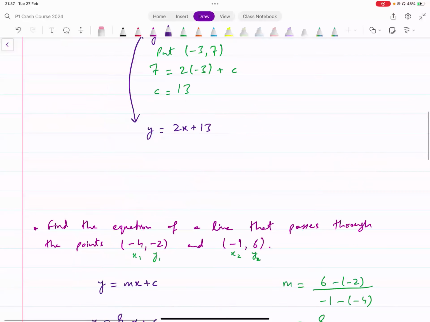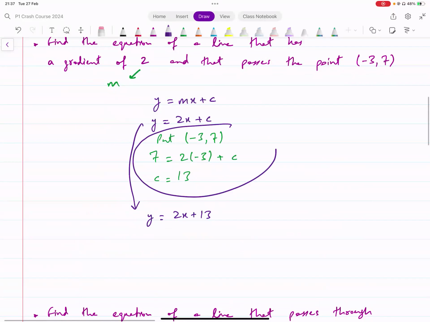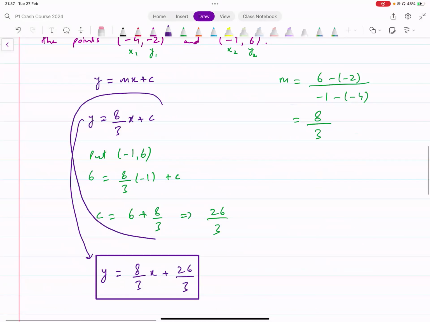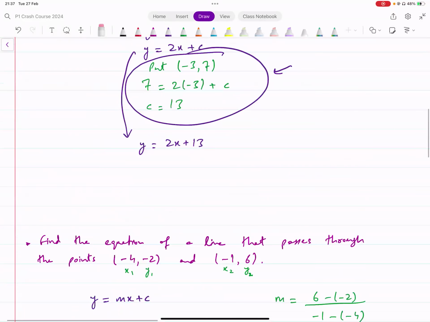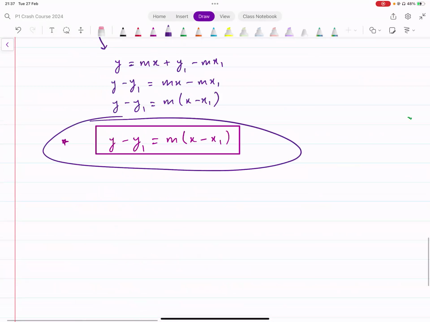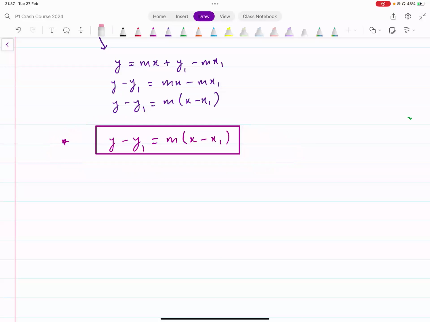So in the previous question, for instance, we can just bypass the steps of finding the value of c, and say that the form you would get at the end is y minus y1 equals m into x minus x1. We can remember this form and just put values in directly.